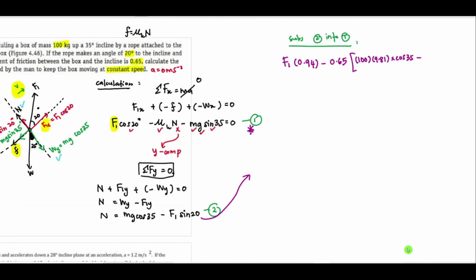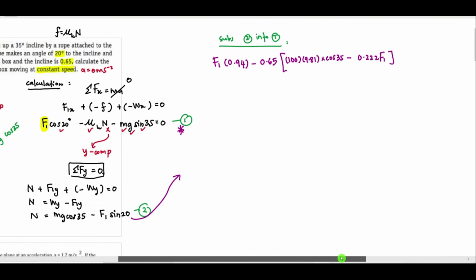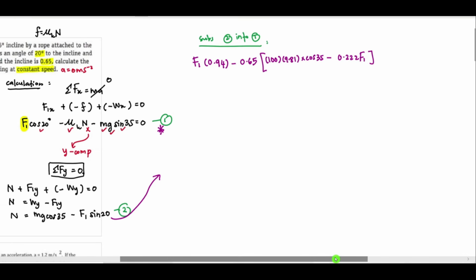Okay, sin 20, seterusnya tekan kalkulator. Okay, 0.222. Cuba check. Okay. Alamak, tak muat. Kejap saya gerak lagi sikit ke sini. Okay. And then minus 100, okay, mg sin 35.